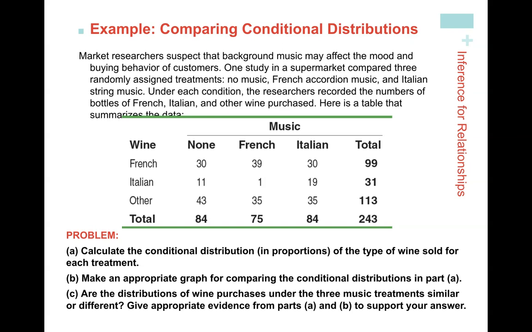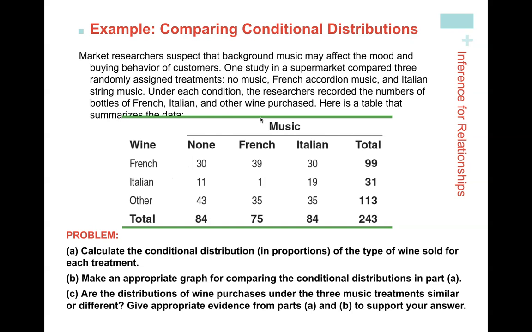Market researchers suspect that background music may affect the mood and buying behavior of consumers. In our textbook, we find out that this was a study in Ireland, which I thought was interesting. One study in a supermarket compared three randomly assigned treatments: no music, French accordion music, and Italian string music.